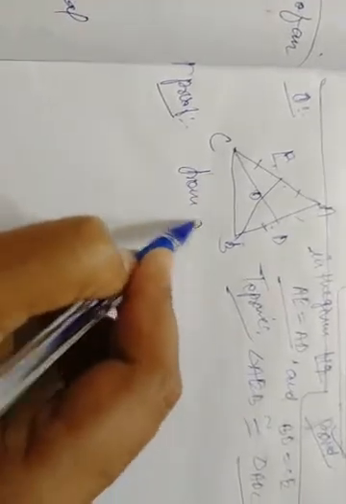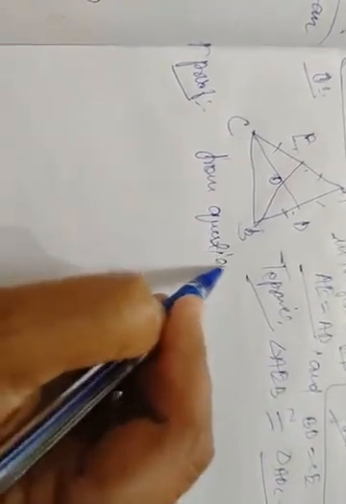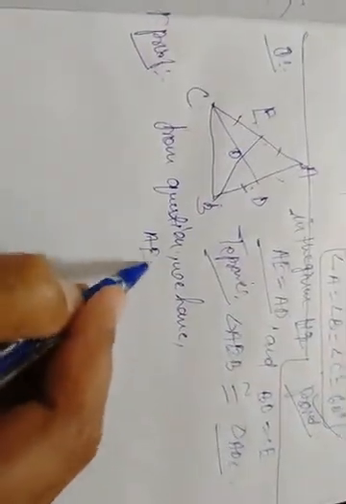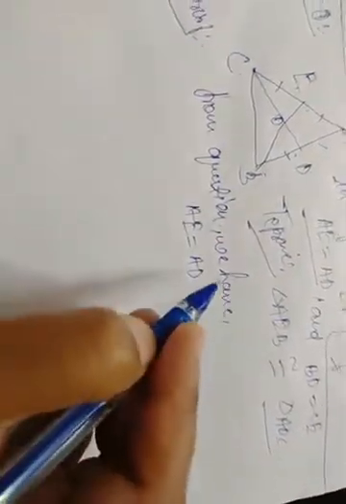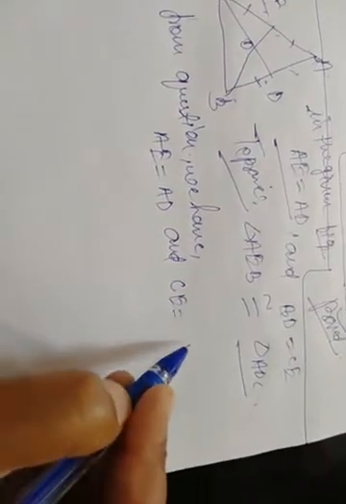Now, from the question we have AE is equal to AD, and CE is equal to BD.